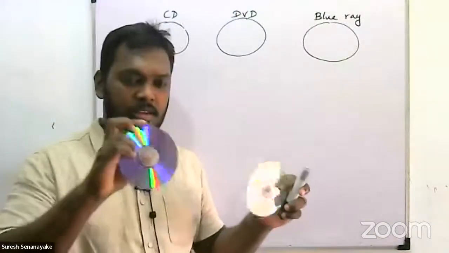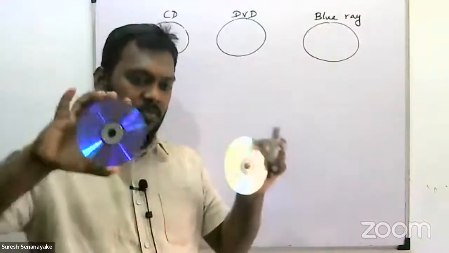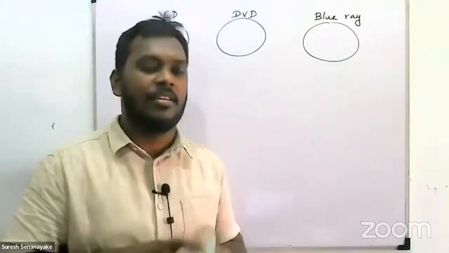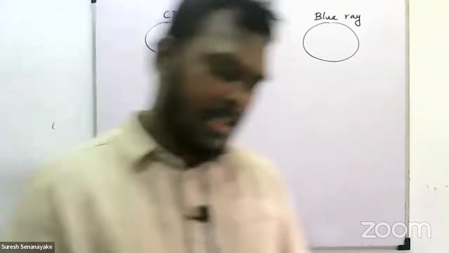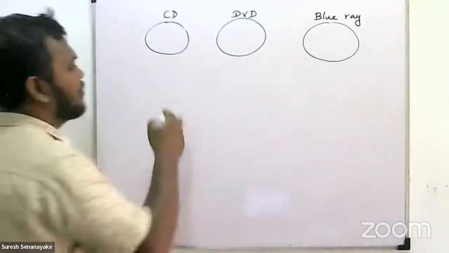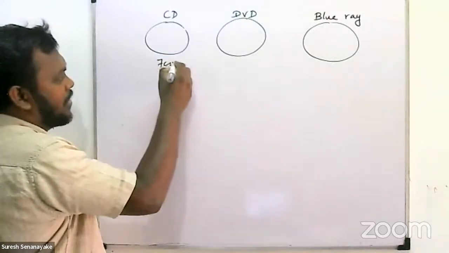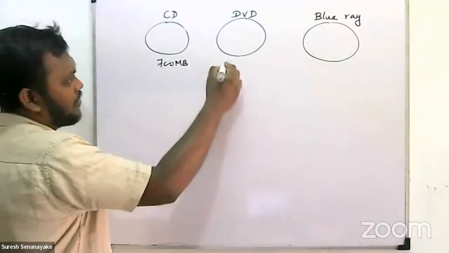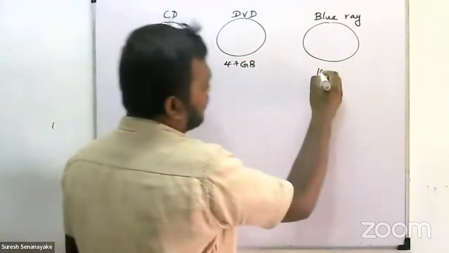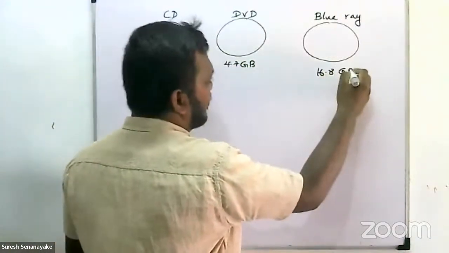And this is a DVD. එකම size එක තමයි තියෙන්නේ. But the ability of storing the data is 700 megabytes on a CD. This DVD can store 4.7 gigabytes. Okay, that's all. And this one you can use 16.8 gigabytes.